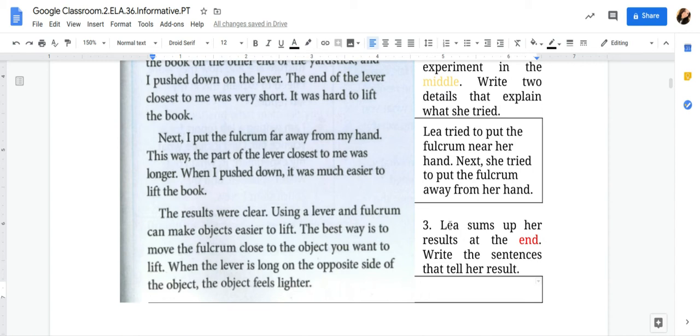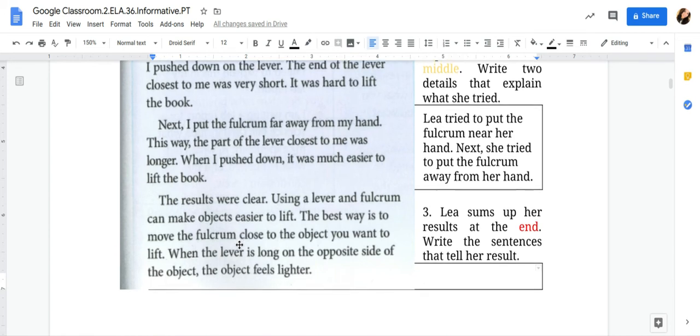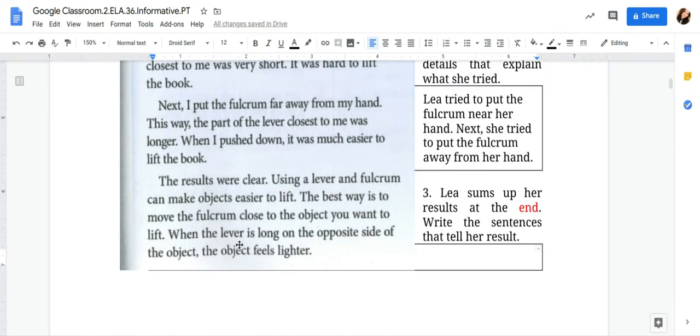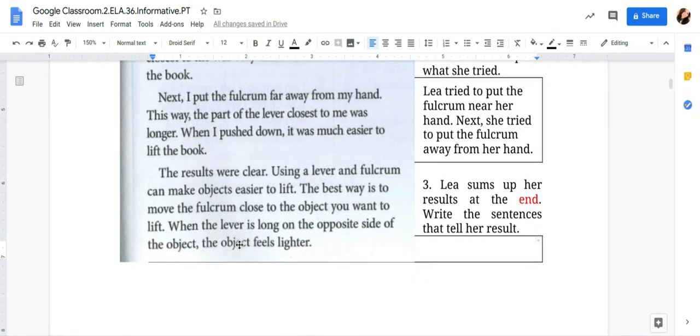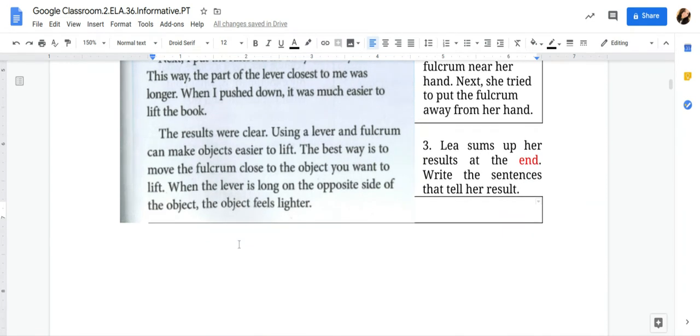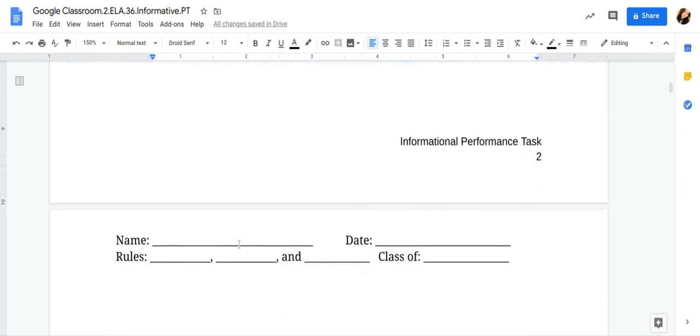Write your own sentence about the results. Do that now. All right, thank you. Let's keep moving on.